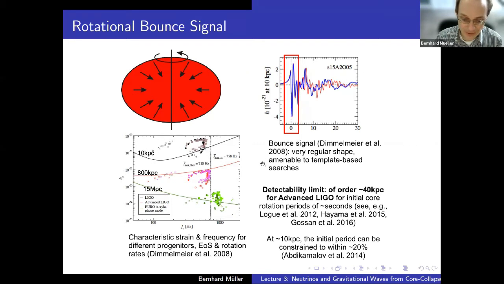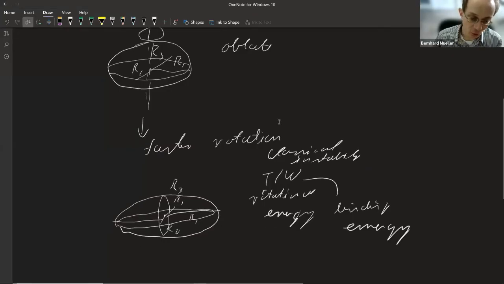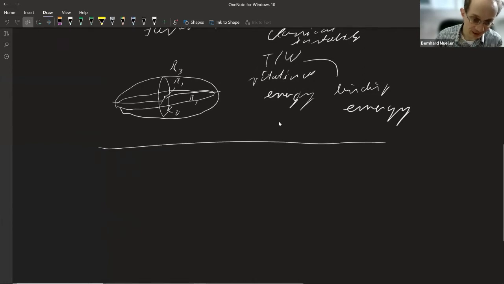We now know that if you use realistic microphysics in these calculations, this bounce signal always has a practically uniform characteristic shape.